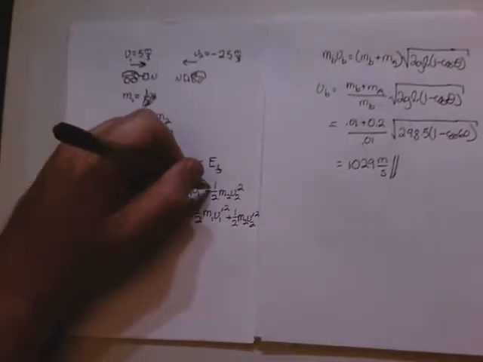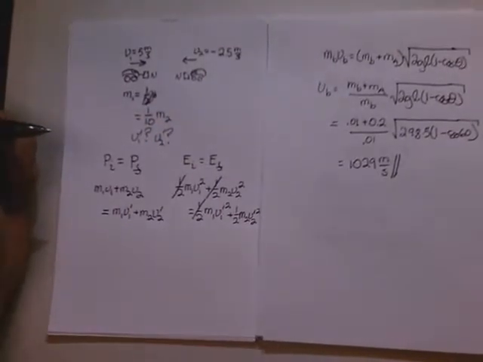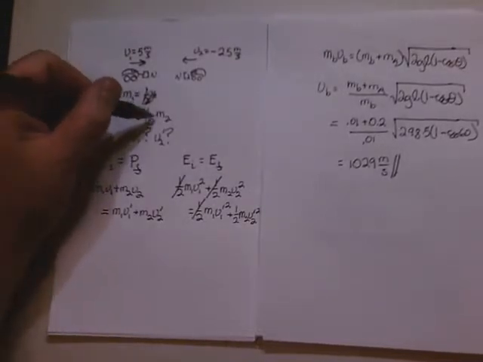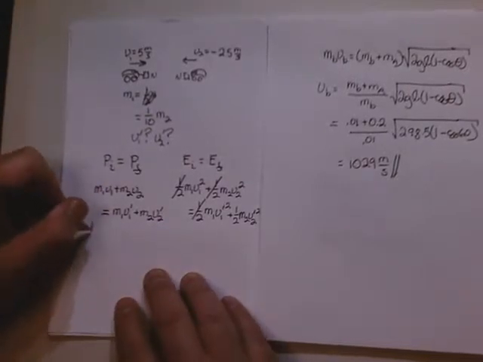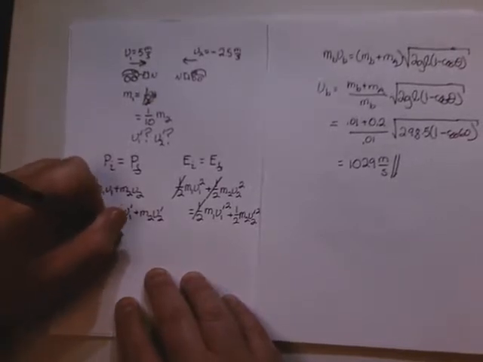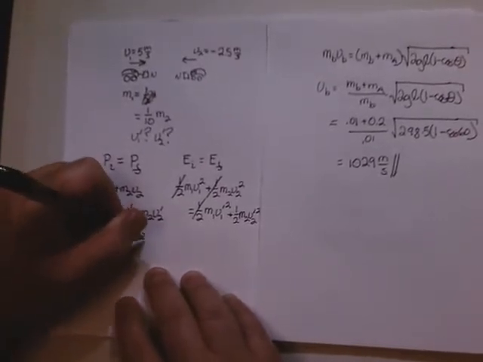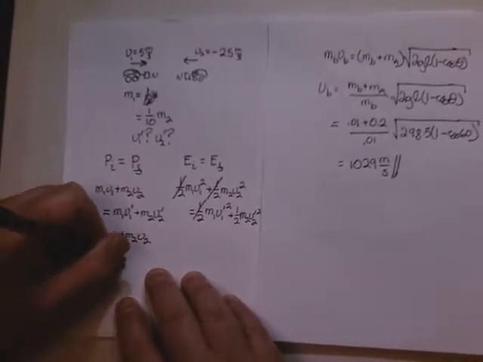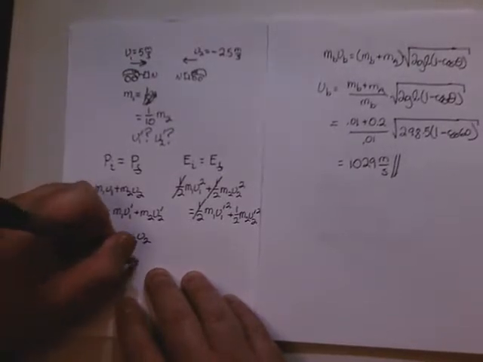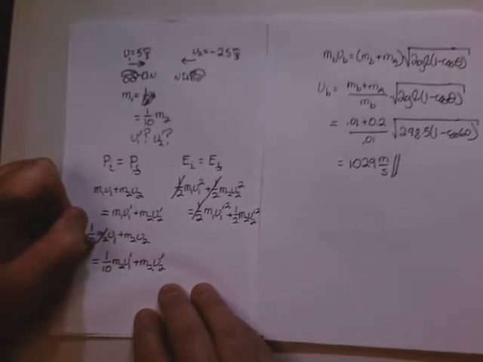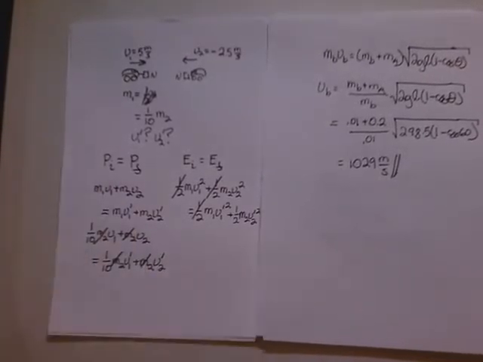Now what I'm going to do first is get rid of those halves. The next thing that I'm going to do is substitute in that m1 is 1/10 m2. So this is 1/10 m2 v1 plus m2 v2 is equal to 1/10 m2 v1 prime plus m2 v2 prime. And as you can see, there's an m2 in every term, so those m2's cancel.